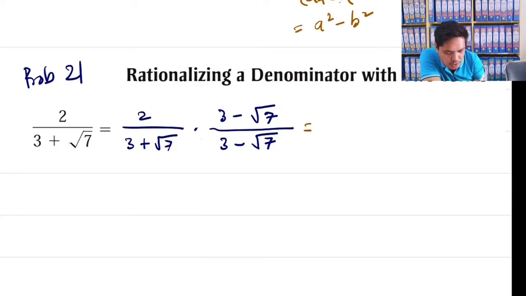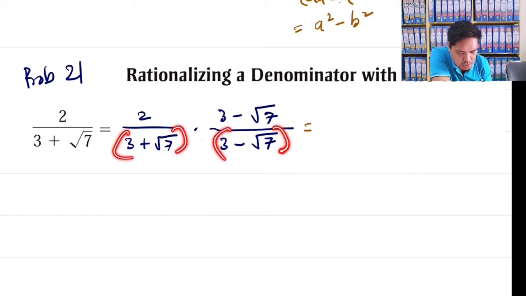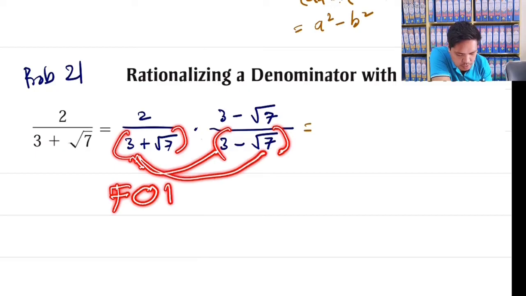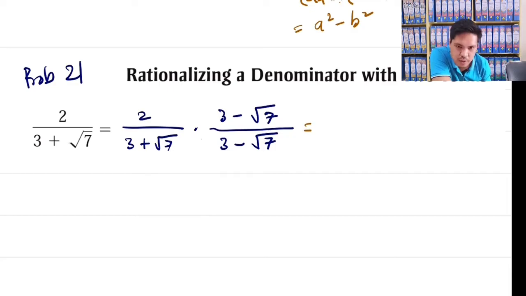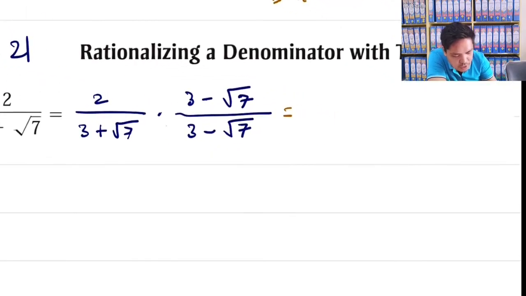If you multiply a binomial, meaning a polynomial with two terms, this isn't really a polynomial since it has no x, but if you multiply an expression with two terms, we need to use FOIL. FOIL means first, outside, then inside, then last. But let's change the approach here. Let's pretend we're not familiar with FOIL yet.